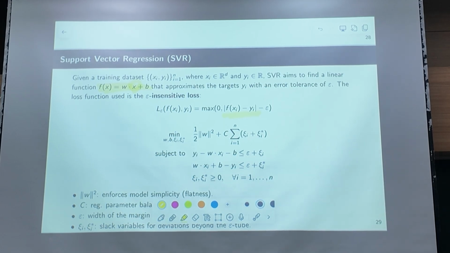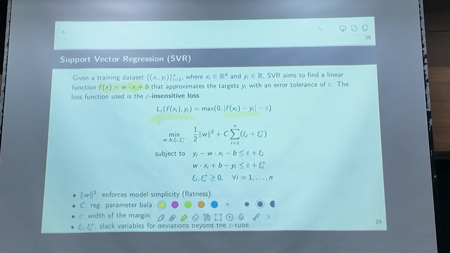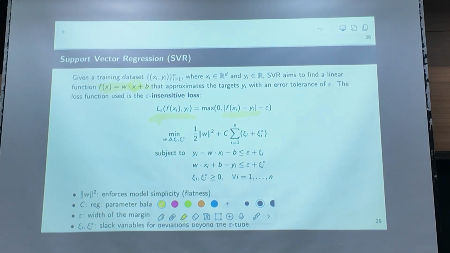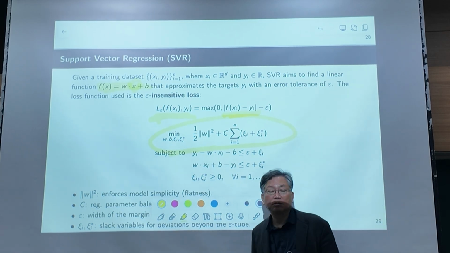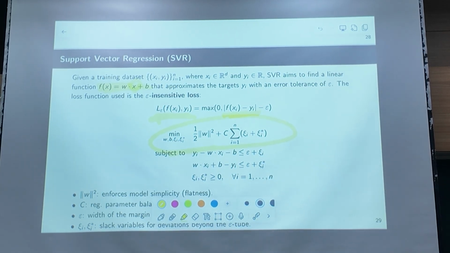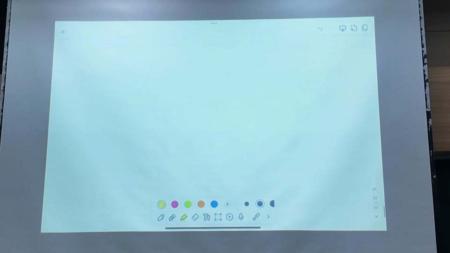You want this loss function to be small, so you want the error in the prediction to be less than epsilon. So you set up a constrained optimization that looks like this to allow you to do this. That's support vector regression.